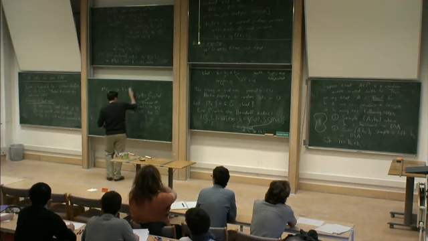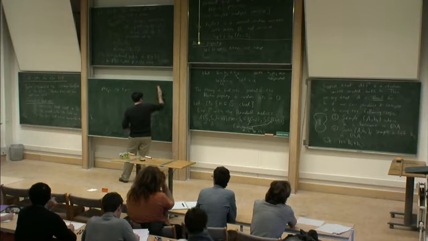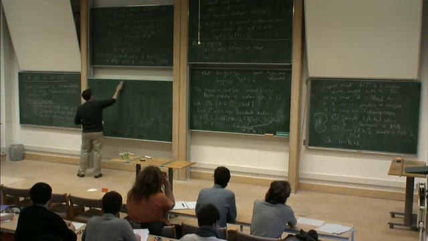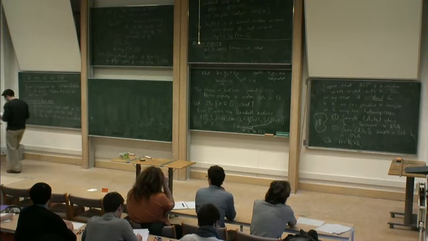So local sets you can kind of think of as arising by exploring the values of the Gaussian free field in a Markovian way.